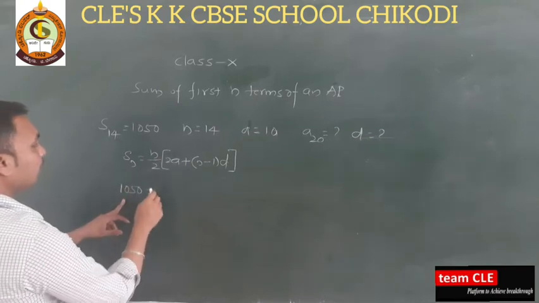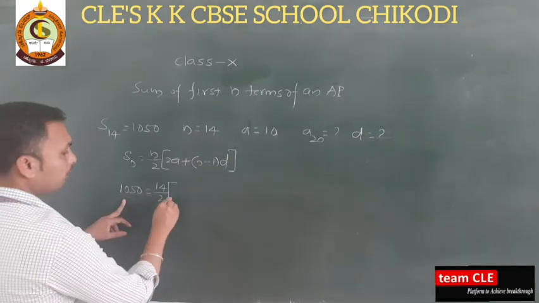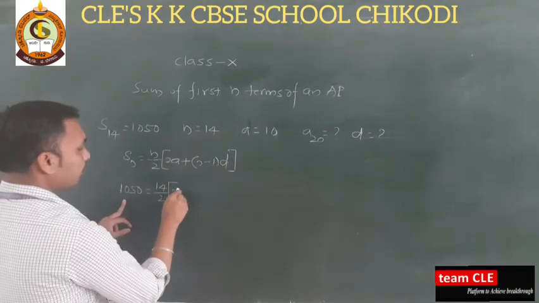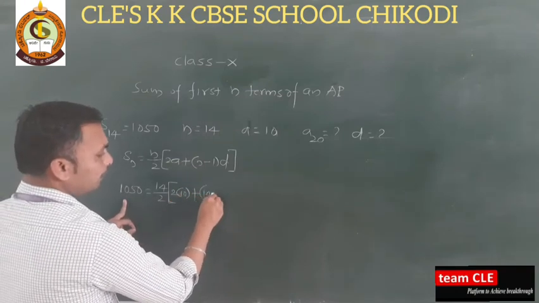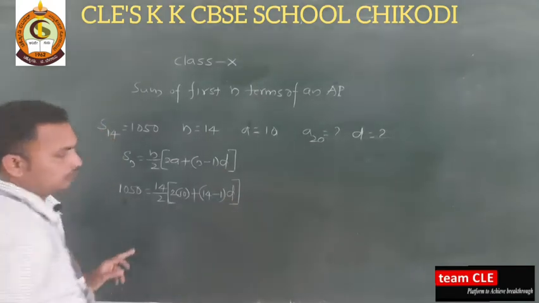Now n we have 14 by 2 into bracket of 2 into a, so we will get 2 into 10 plus n which is 14 minus 1, and d we need to find, so keep it as it is.